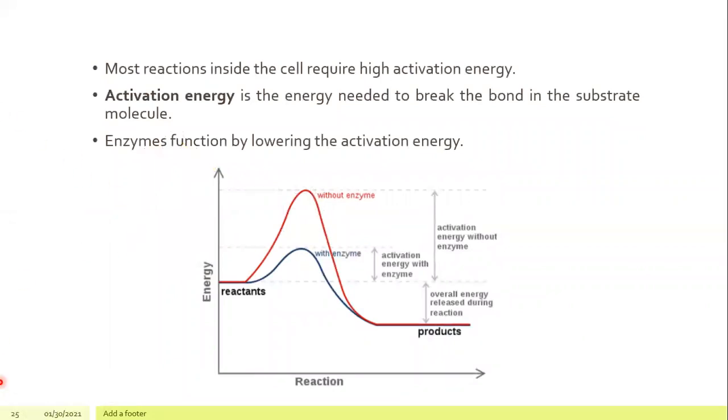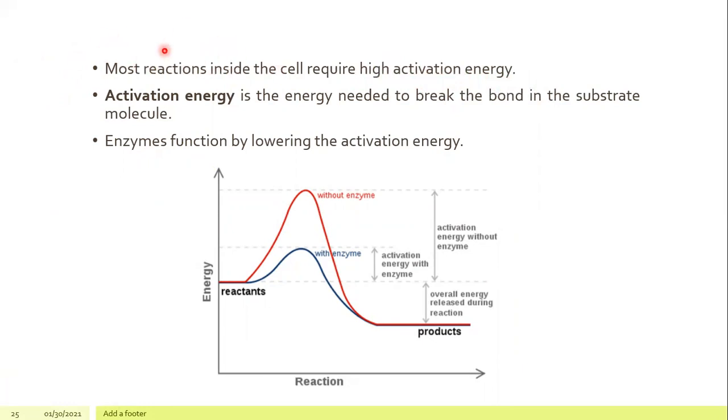So last of this lesson, we're going to learn about enzyme reactions. So most reactions, any kind of reaction, but in biology, we're going to talk about biochemical processes like cellular respiration or other kinds of processes. All these reactions in the cell require energy, and we call this energy activation energy.